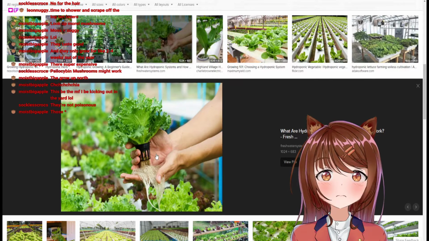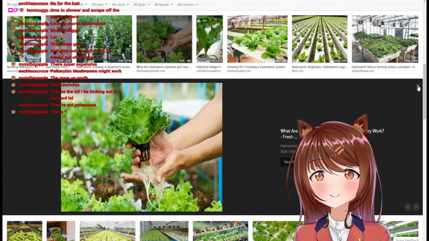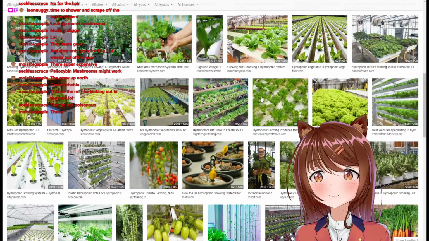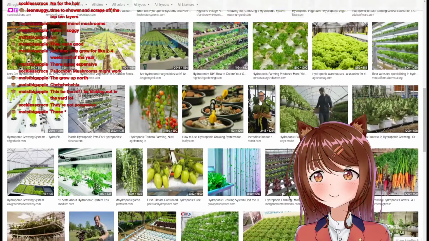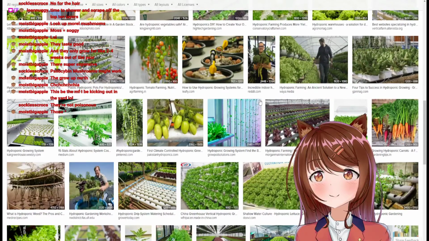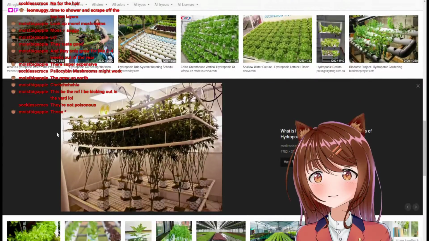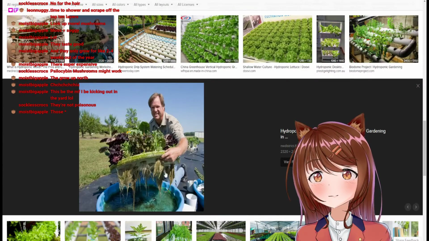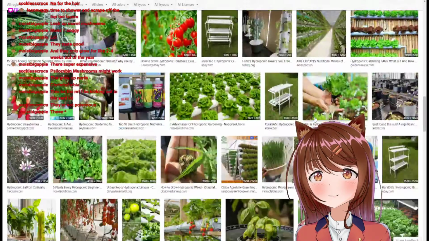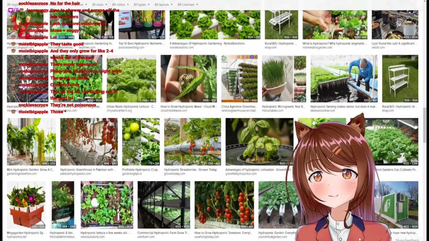So maybe could develop something. Whoa. Roots. I forgot what it was called, though, the process where they just spray the roots.